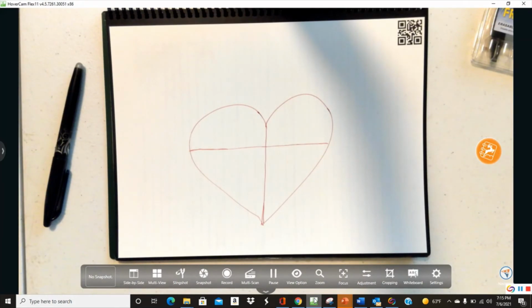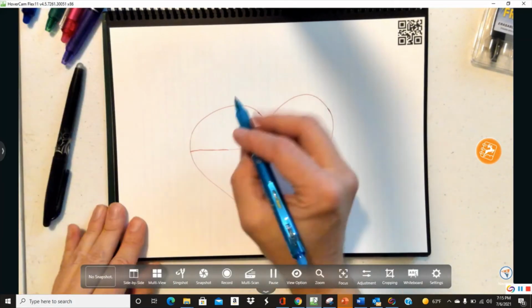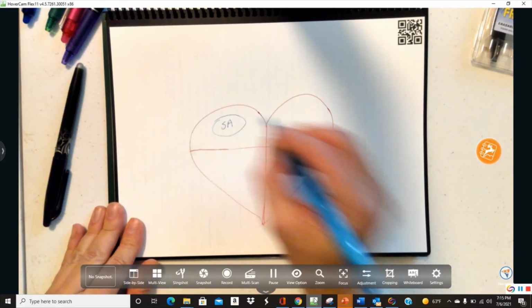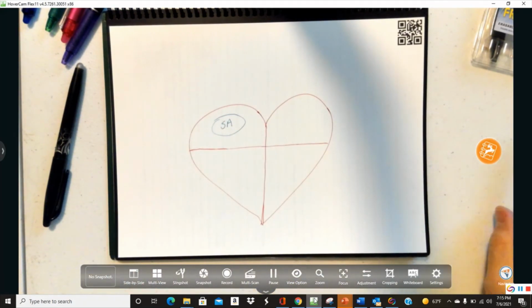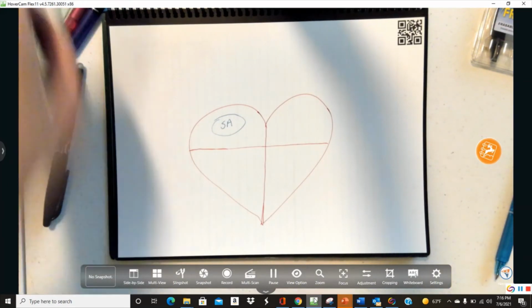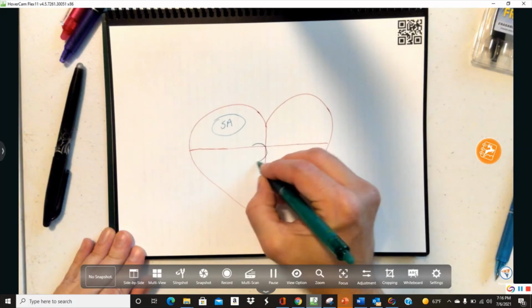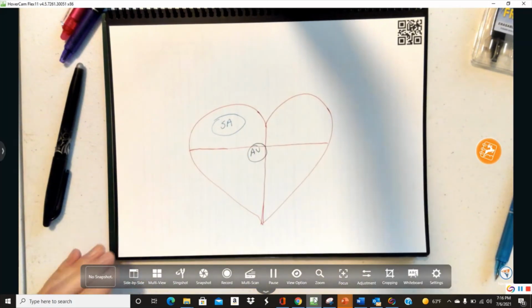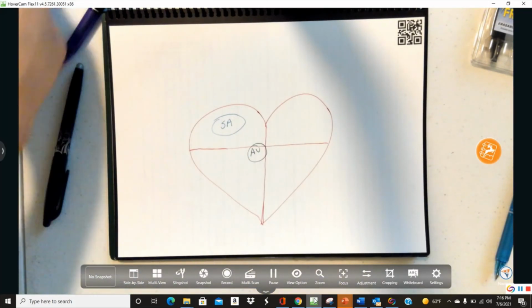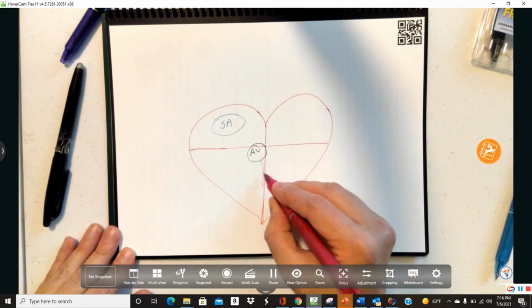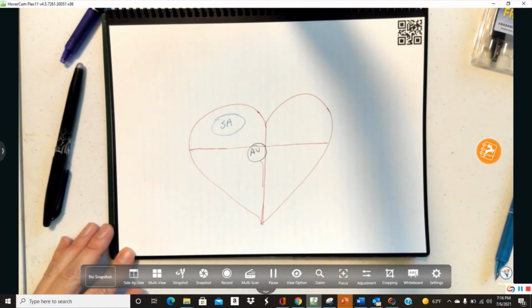I know I am. Okay, now what we want to see, guys, is our SA node. Our SA node. And then let's use green and let's talk about the AV node. AV node. I'm going to use pink here, and I'm going to come off of that.